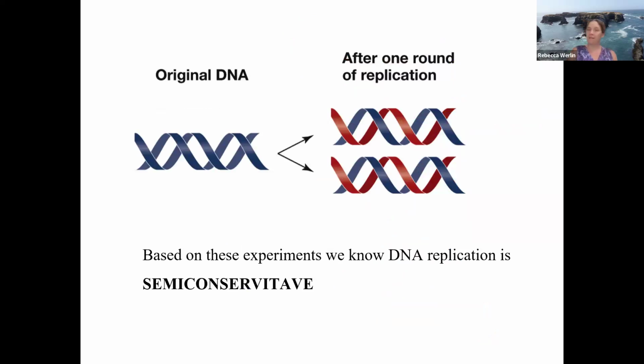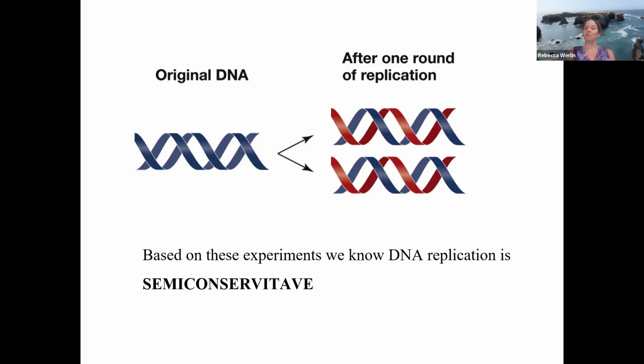Now, when you need to replicate your DNA in order to do cell division, we have DNA replication that is called semi-conservative, in that the original DNA is separated from its double-stranded form into single strands, and those single strands act as templates for newly synthesized DNA.